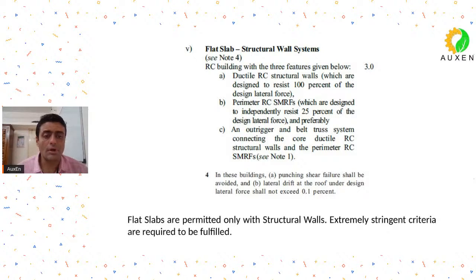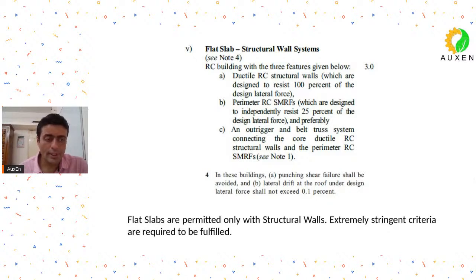And those structural walls have to take 100% of the load, and then you also have to provide a perimeter special moment resisting frame that has to independently take 25% of the load. And then you also have to ensure that the drift does not exceed 0.1%. This is all very strict. Very, very stringent criteria to satisfy.